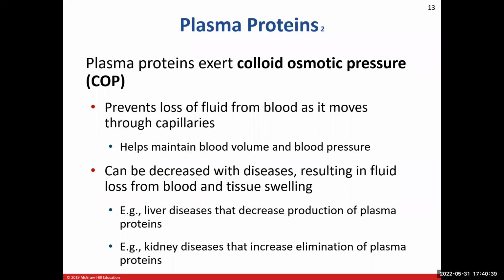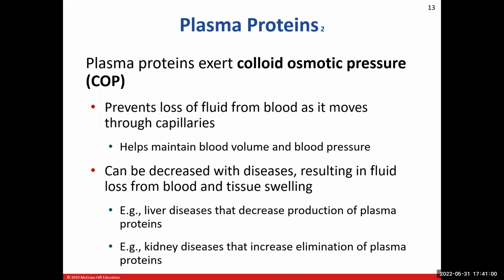And so these proteins, when they're dumped into our blood, are going to create what's known as the colloid osmotic pressure. This has to do with what we call bulk flow. But for right now, I want you to consider these plasma proteins. They're going to create and exert this colloid osmotic pressure.